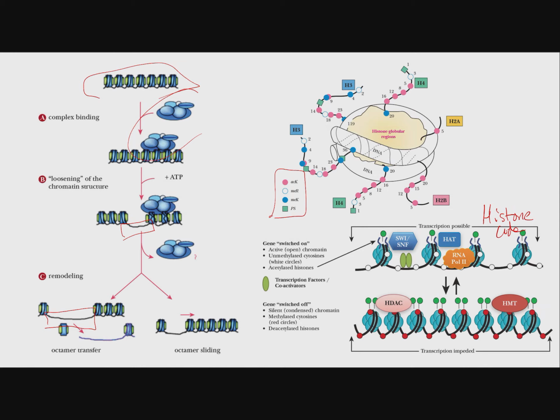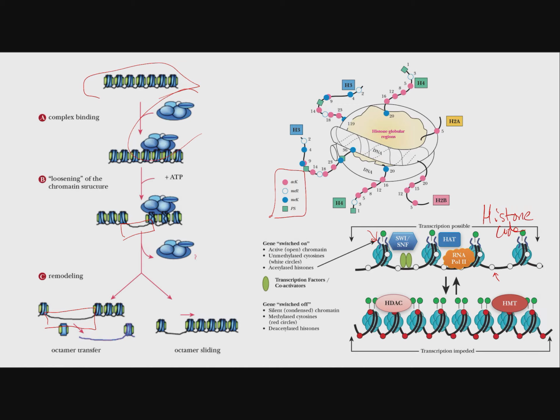Some histones can be acetylated; these are the little blue squiggly lines that you're seeing here. Cytosines get unmethylated, these little white circles here. And so transcription factors and RNA polymerase will be able to have access to the DNA.